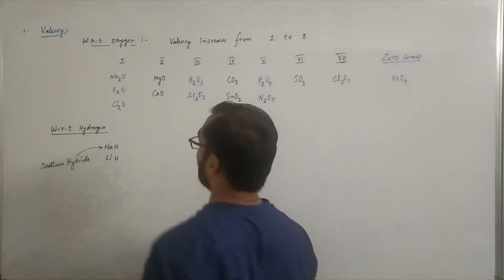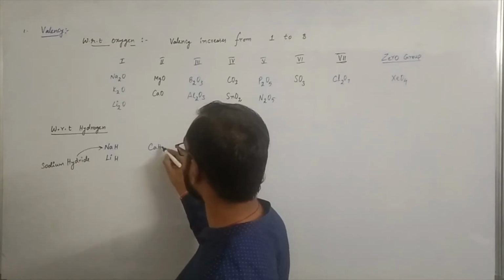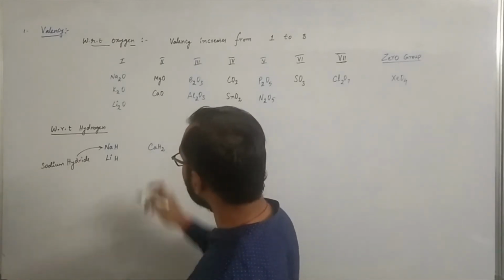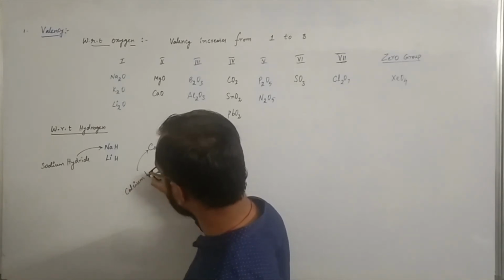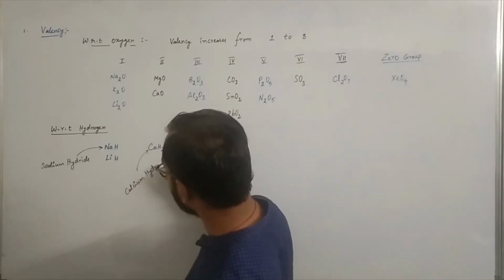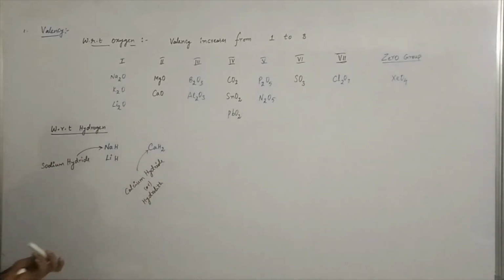Now in case of group 2, respective elements are calcium hydride, CaH2. We call this as calcium hydride. We also call calcium hydride as hydrolith.